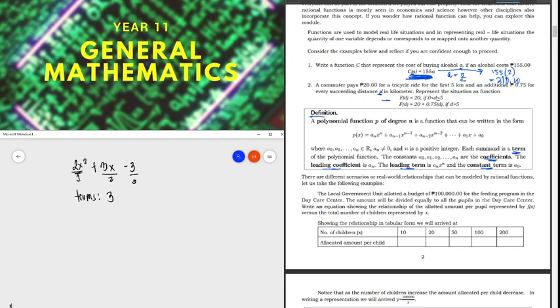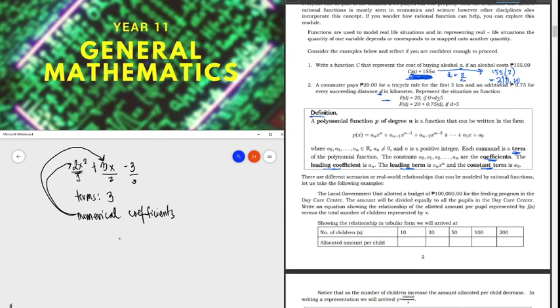Next, what are the coefficients? Numerical coefficients or literal coefficients. When we talk about numerical coefficients, these are 2 and 3.